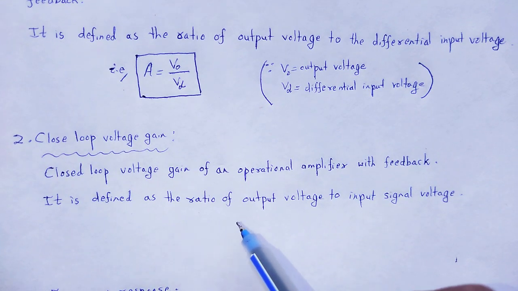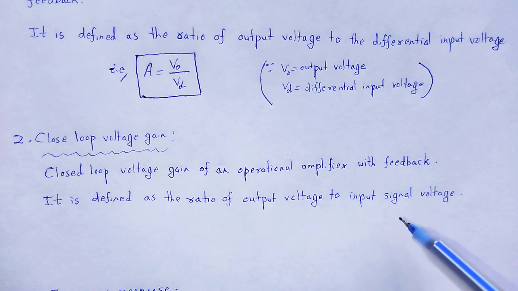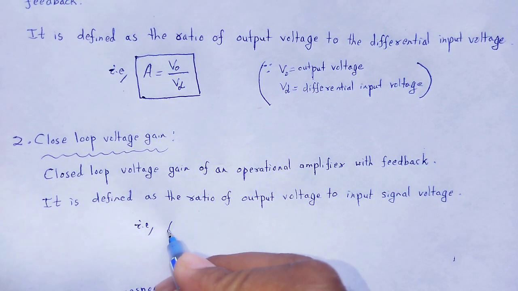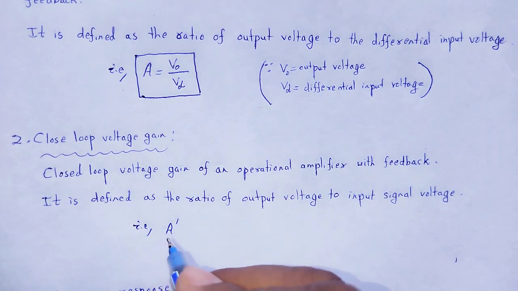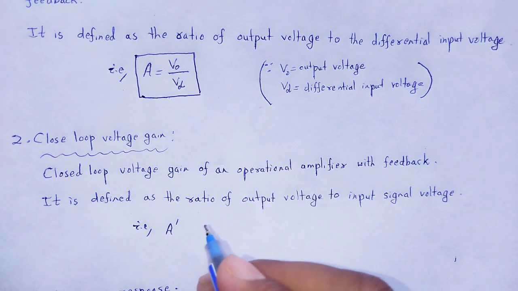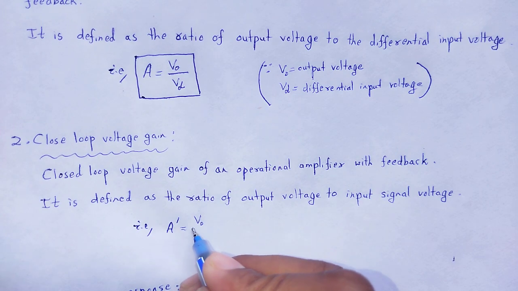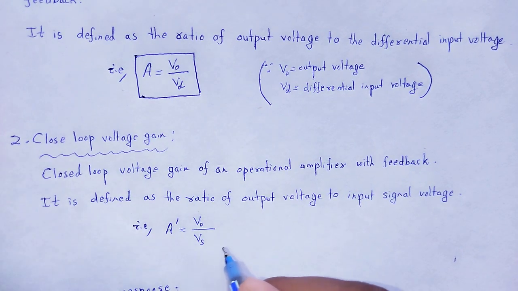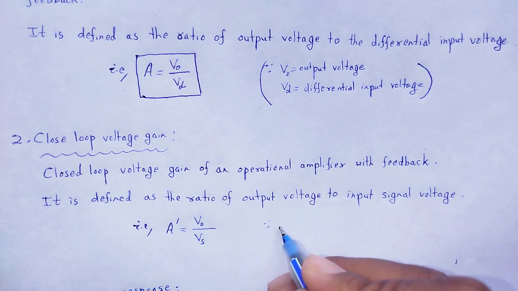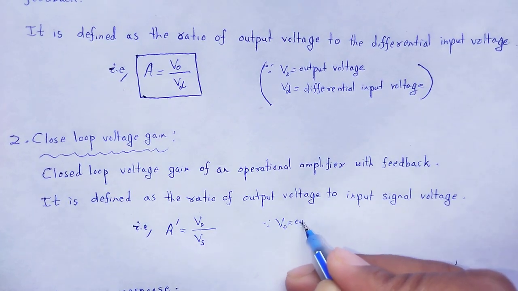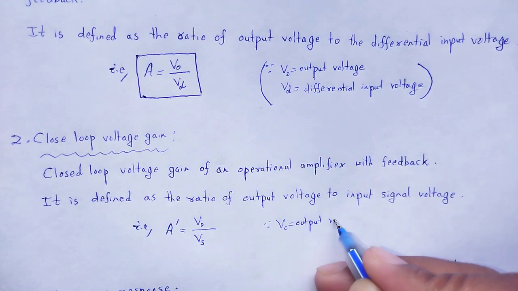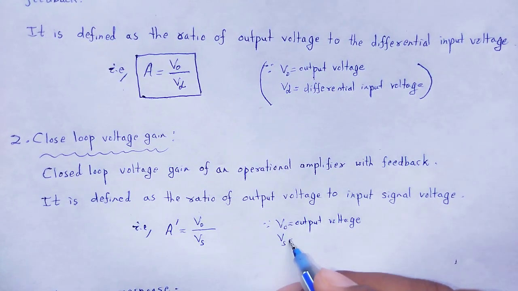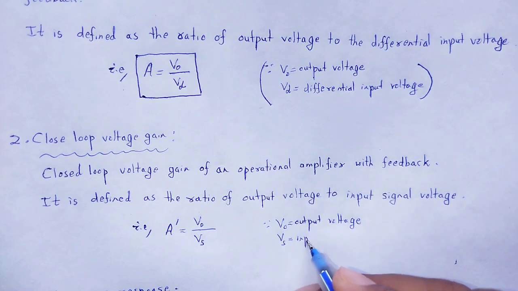It is defined as the ratio of output voltage to input signal voltage. Mathematically, let A dash be the closed loop voltage gain, that is output voltage V0 to input signal voltage Vs, where V0 is the output voltage and Vs is the input signal voltage.